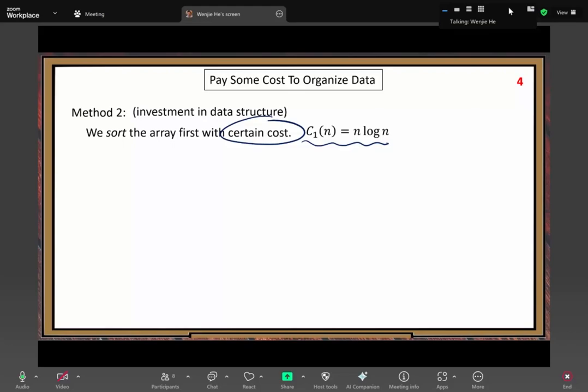If you apply selection sort, then you waste too much of your resource. So that method is not acceptable. You want to use the best possible sorting algorithm. Here I can give it a name: quick sort. We will learn quick sort in module 4.